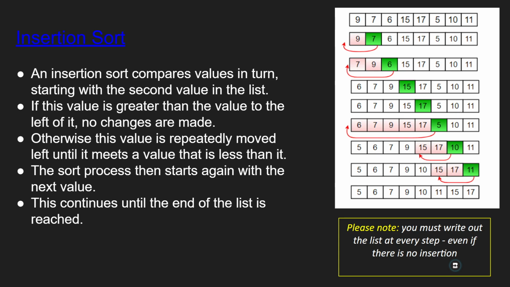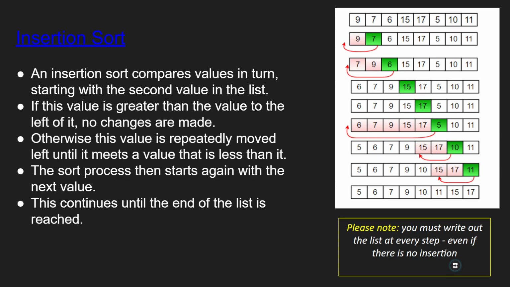Let's look at this example, and then we'll repeat these instructions one more time. First of all, it compares values in turn, starting with the second value in the list. Then we compare it with the value to the left. If the value is greater than the value to the left of it, no change is made, obviously, because they are in the right order.